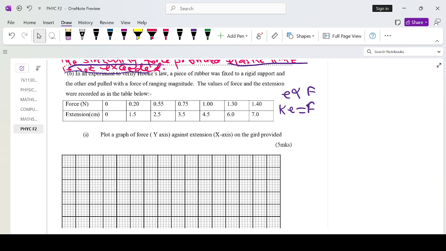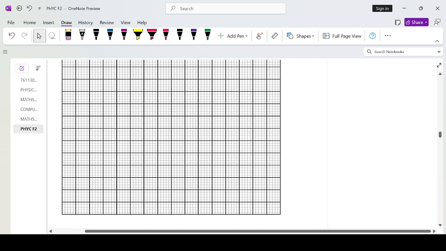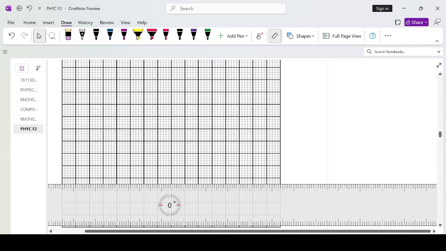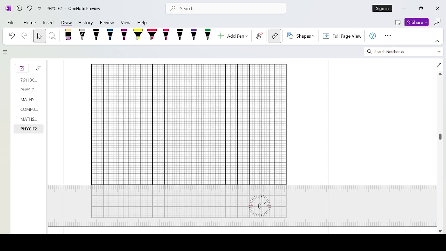So let's proceed with it. 1, 2, 3. I'll use my ruler to have it quite plotted.